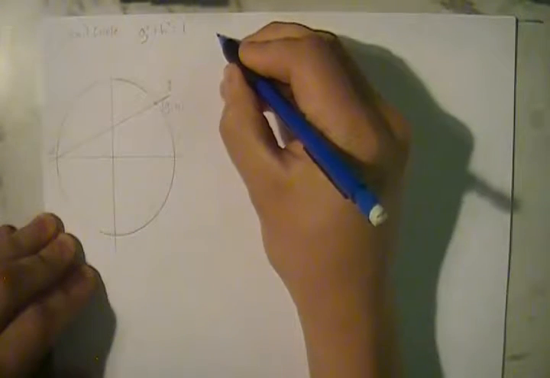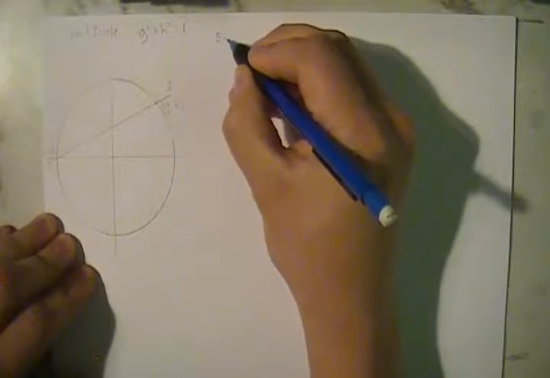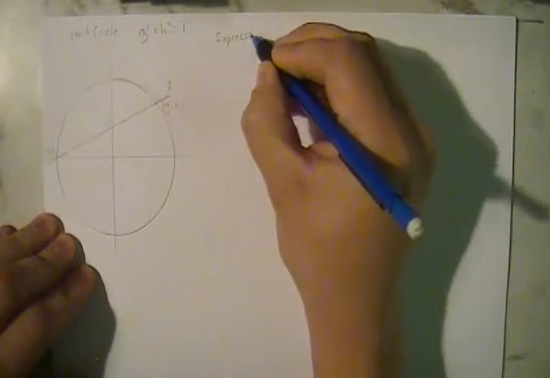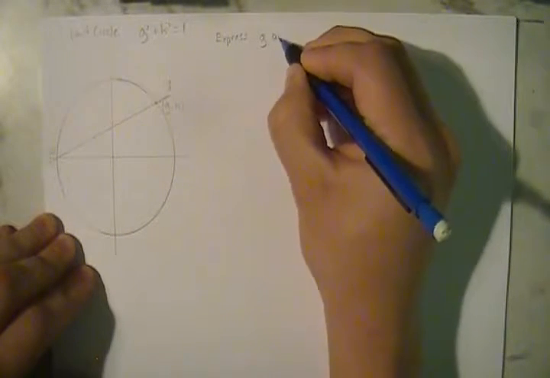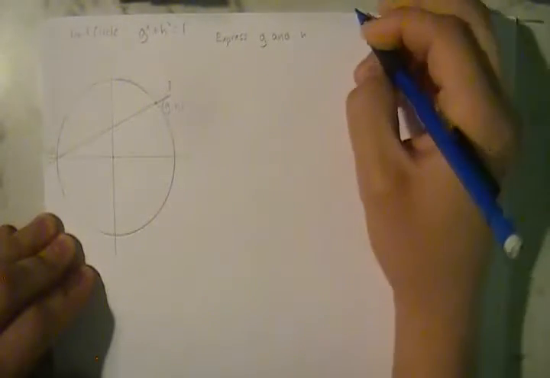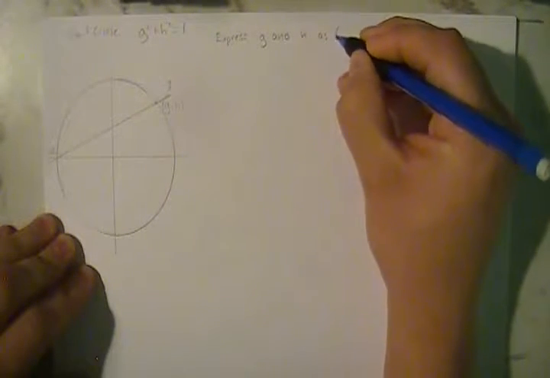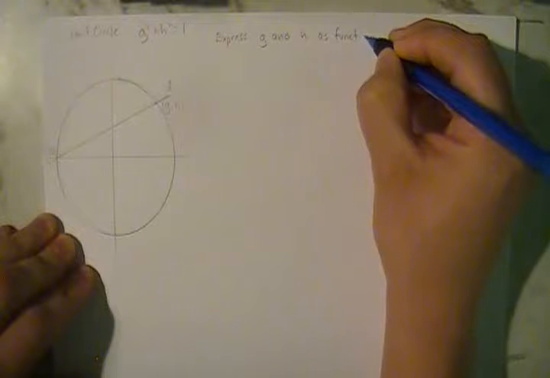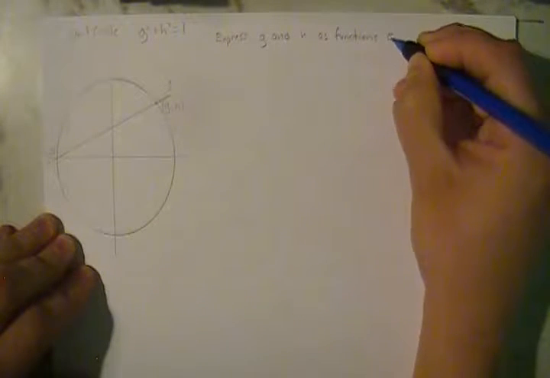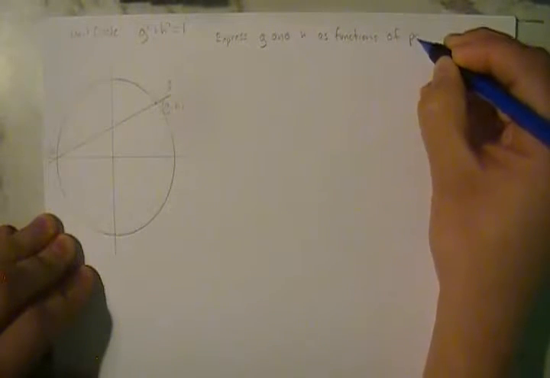So I'm going to write that goal here. We want to express g and h as functions of some parameter t.